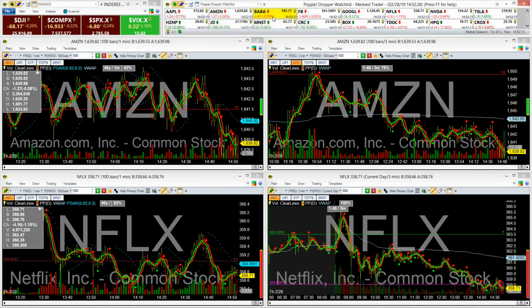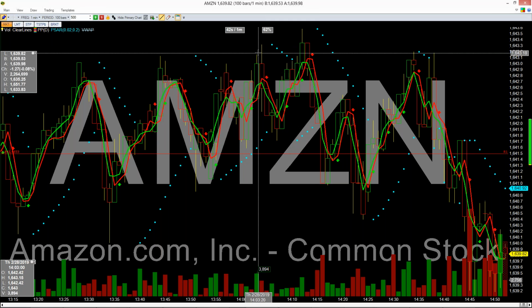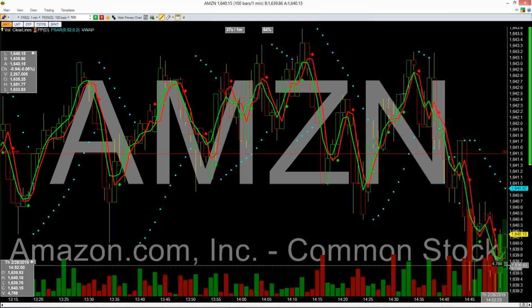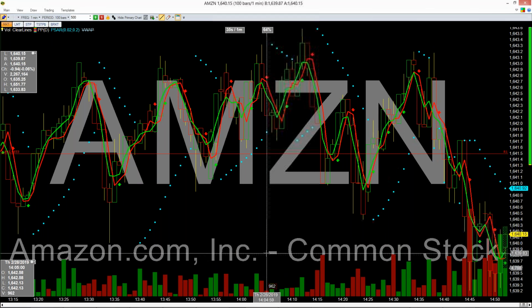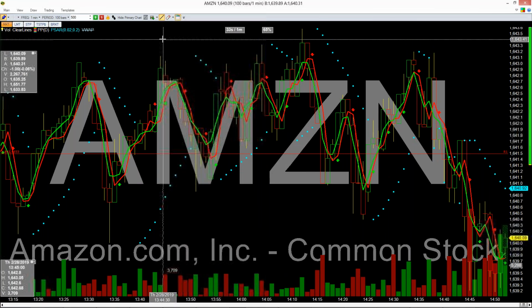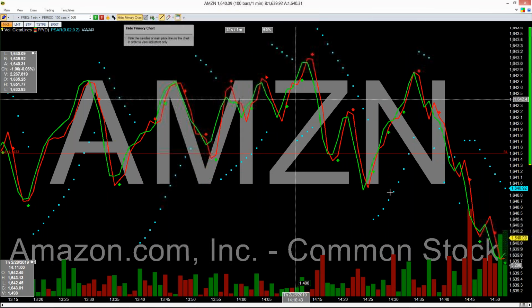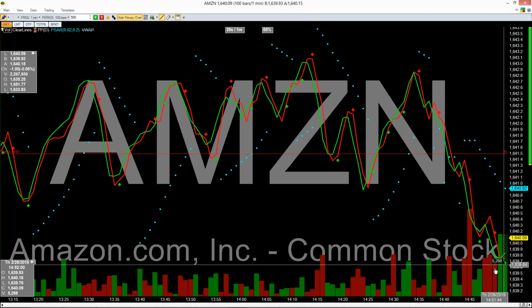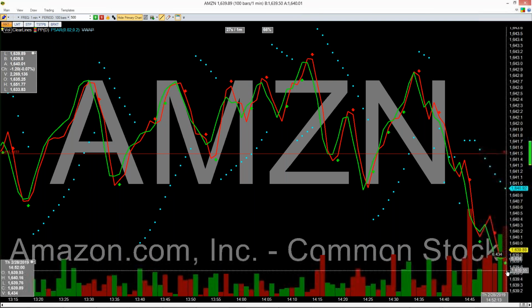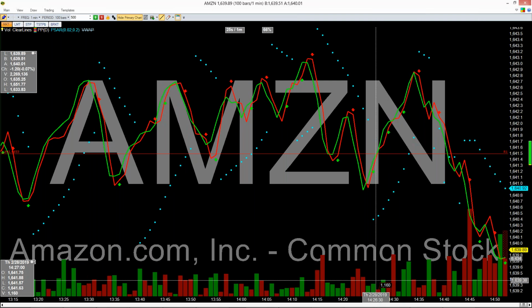Down arrow. See, there's a green arrow that just popped up on Amazon. It's kind of hard to see because you've got volume building, but see that green arrow down here? That just popped in. Now it could disappear because the time frame is not complete.